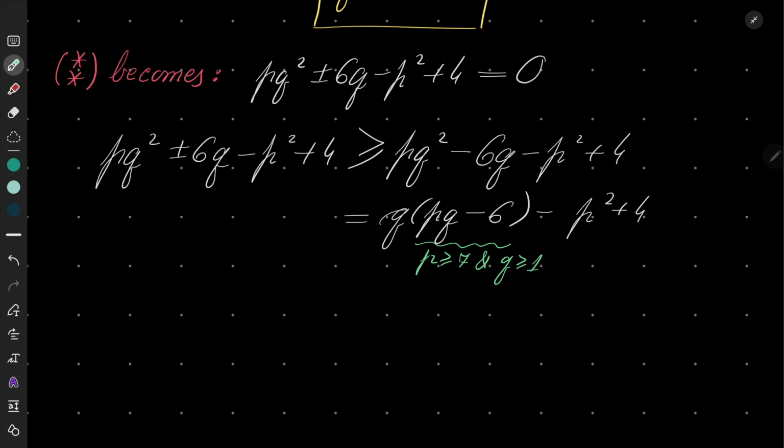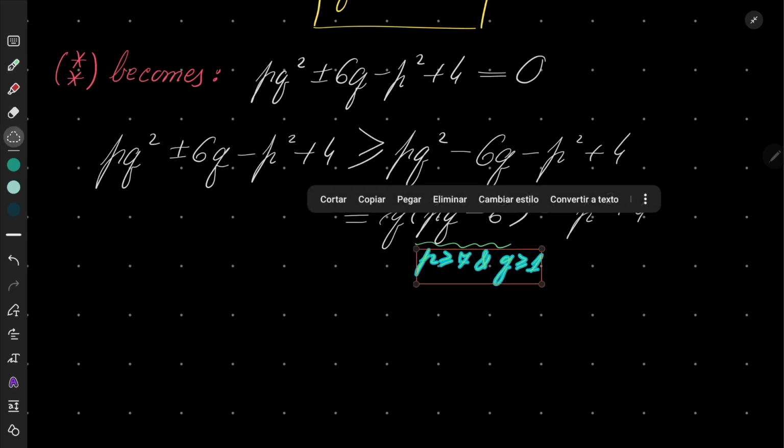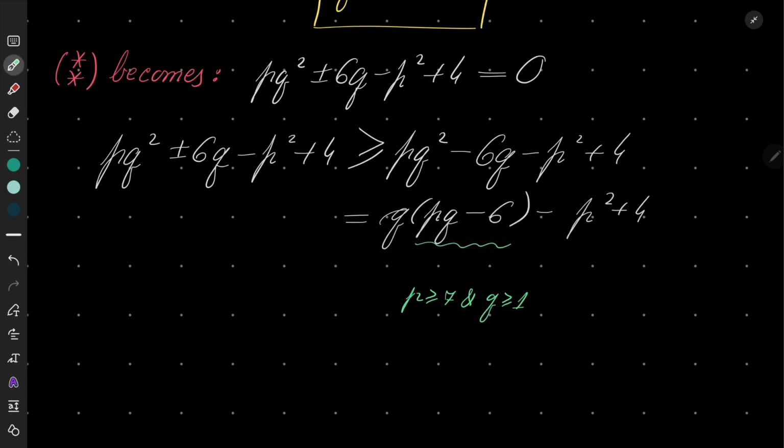Since p is greater than or equal to 7 and q is greater than or equal to 1, this parenthesis is positive. This is greater than or equal to 0, or greater than 0, because of what I said.